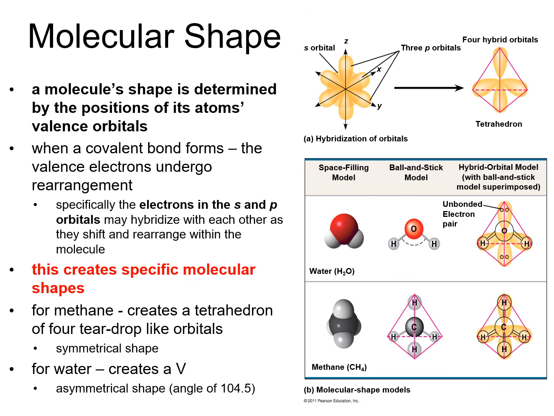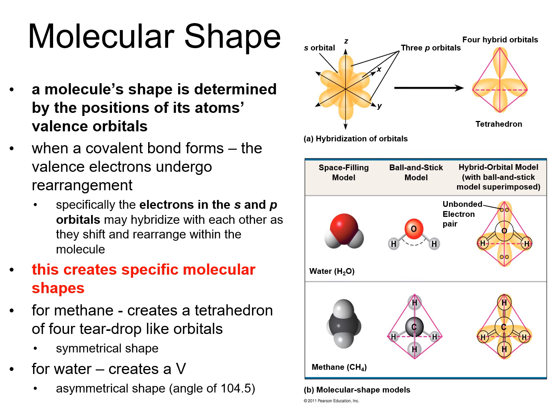For example, for methane, this shifting of valence electrons so that you can form covalent bonds between the carbons and the hydrogens creates a tetrahedron of four teardrop-like orbitals that the carbon is going to form. And then those teardrop orbitals are going to interact with the s orbitals of the hydrogen to form kind of a pyramid shape.